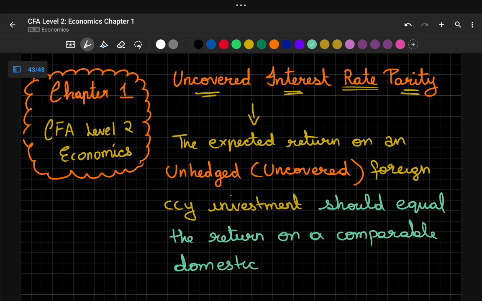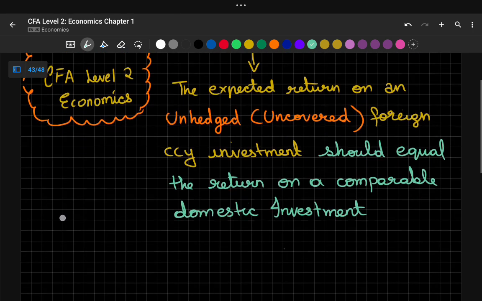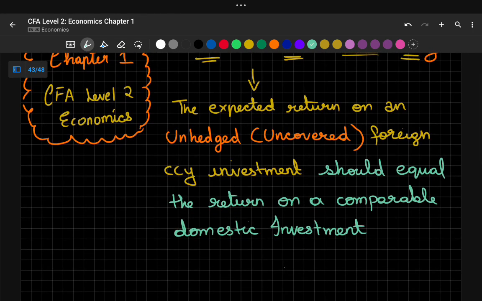Now what do we mean by that? It means that if an investor invests in a foreign currency, the return that the investor gets from the investment should equal the return from a comparable domestic investment.